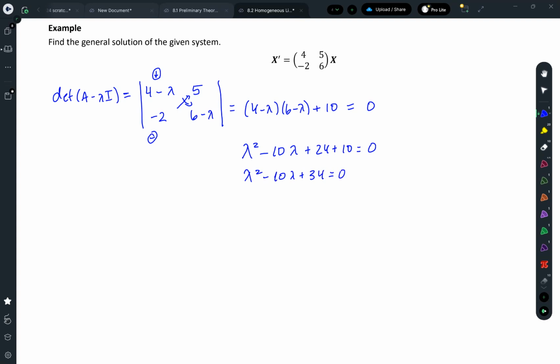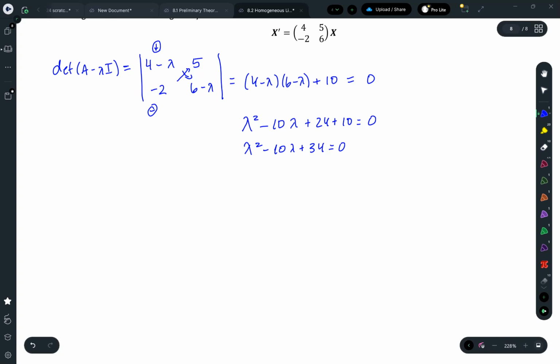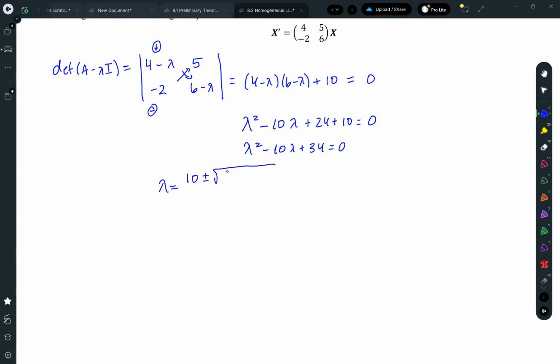There are no factors of 34 that add to negative 10, so this does not factor. We need the quadratic formula. Lambda is equal to negative b, so it'll be a negative of a negative 10. That's a positive 10 plus or minus the square root of b squared, which is 100, minus 4 times 1 times 34, all divided by 2 times 1. This gives me 10 plus or minus the square root of 100 minus 136, all over 2.